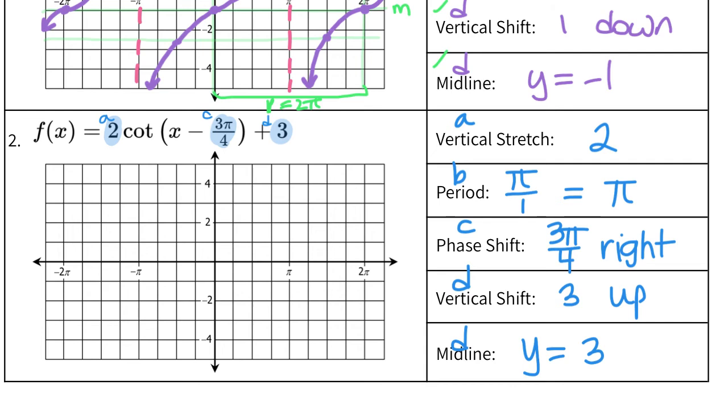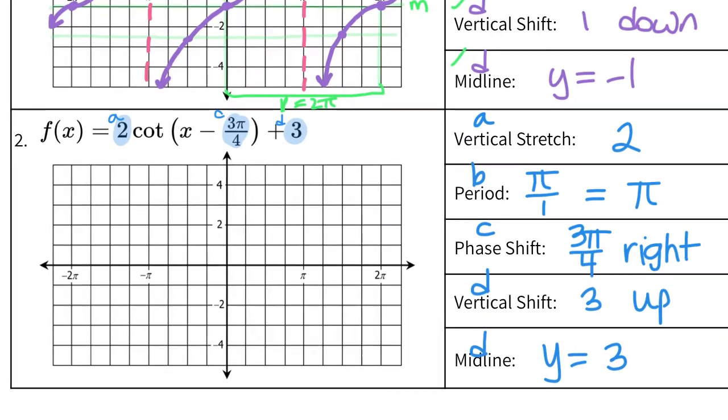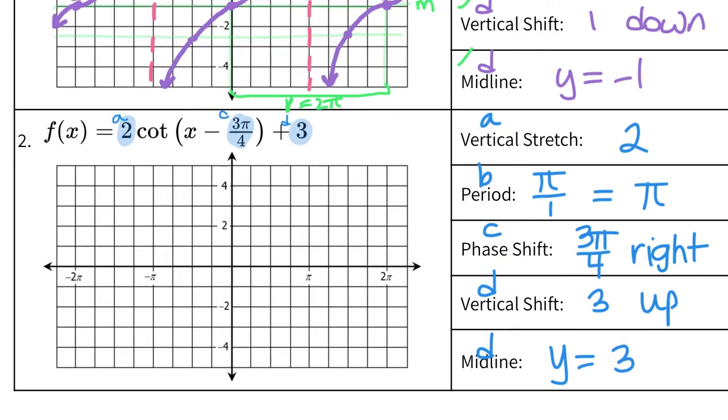Okay, we're going to use this information to start drawing some guidelines for ourselves. Starting with the midline, it is going to be at positive 3, and I'm going to label that M for mid. Phase shift is we're going to go 3 pi over 4 to the right.